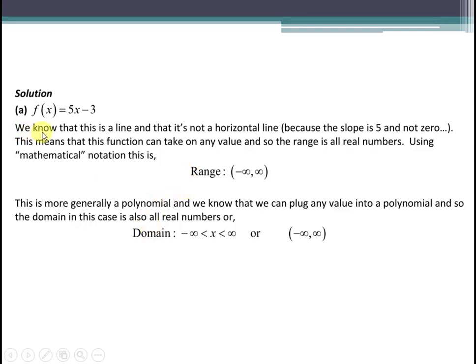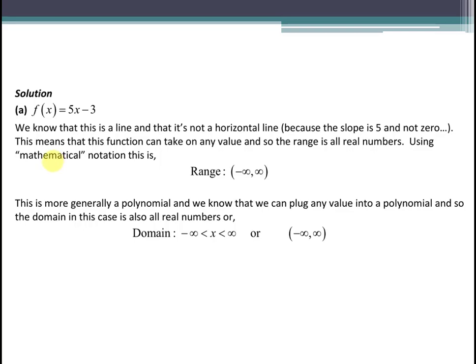A1. f of x is equal to 5x minus 3. We know that this is a line. This is the function of a line, kx plus b, and it's not a horizontal line. So how can we now find the range?